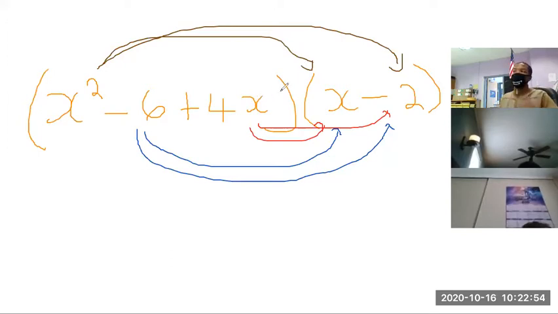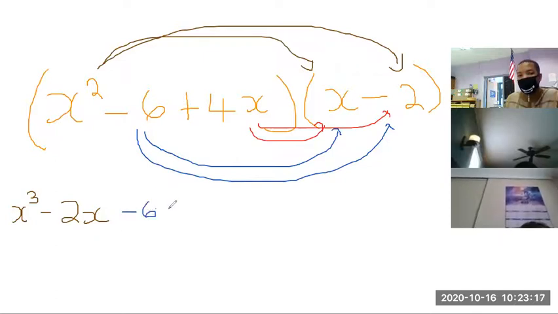All right, so for the first one, x squared times x is x to the 3rd power. x squared times negative 2 is minus 2x squared. Now I'm done with that term. I'm going to move on to my negative 6 now. Negative 6 times x is negative 6x.